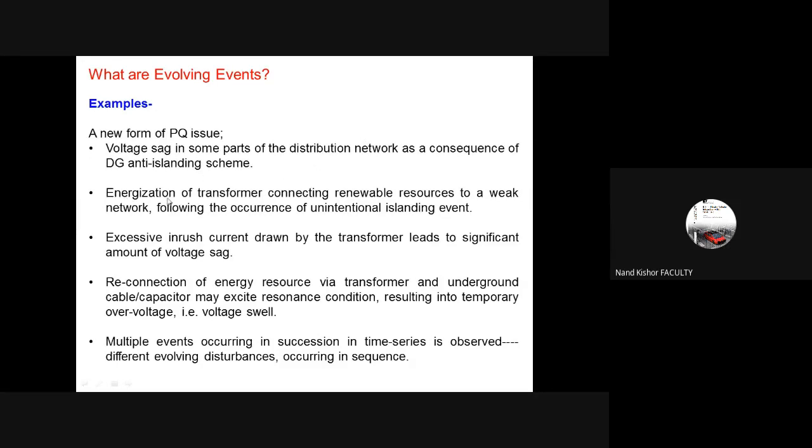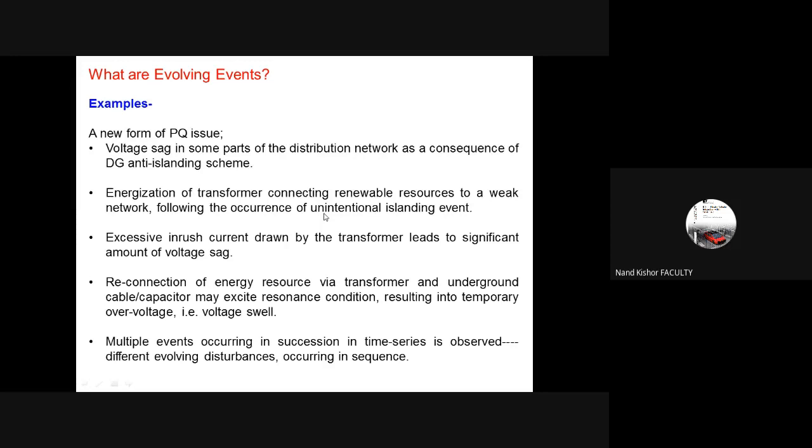Then there could be energization of a transformer, which connects to the renewable resource through a weak network, following the occurrence of unintentional islanding. That means your DG systems are also connected to the utility grid. So in one part of the distribution network line, an unintentional islanding event takes place.